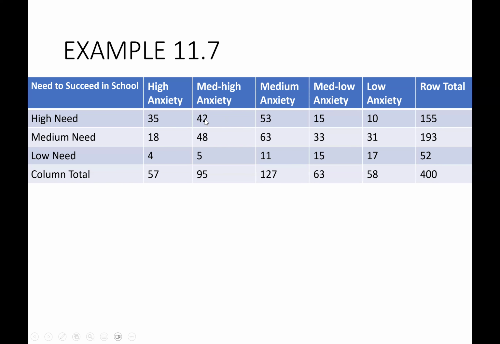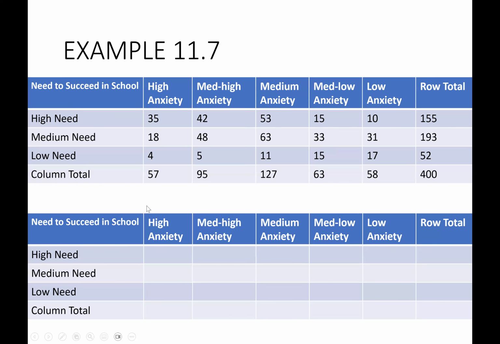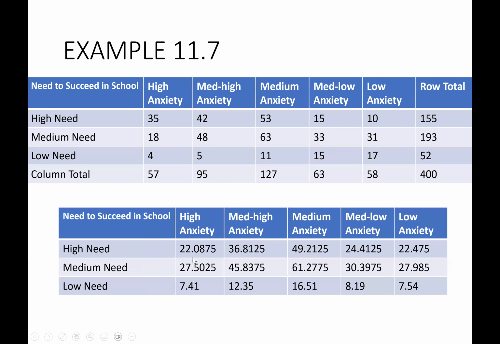The next one would be 155 times 95 divided by 400. 155 times 127 divided by 400. 155 times 63 divided by 400. 155 times 58 divided by 400. And then you do the next two rows the same way. And here are the values that you should get.